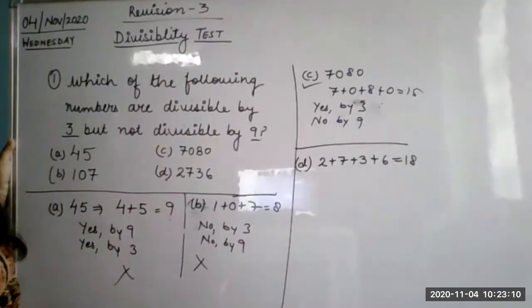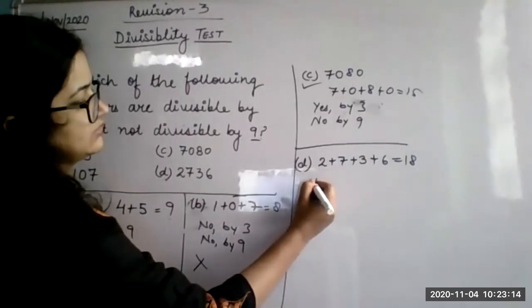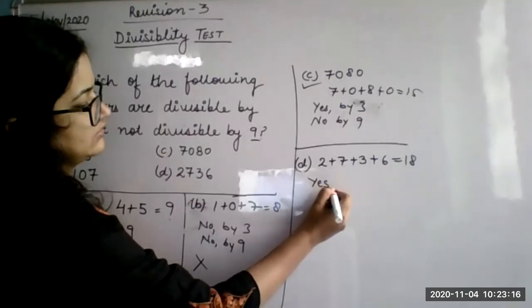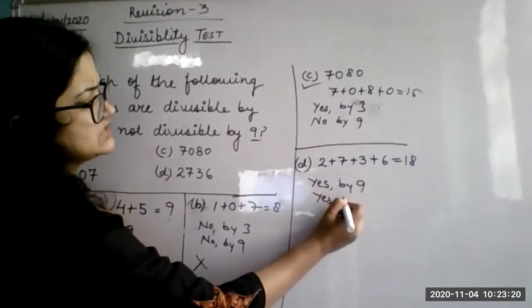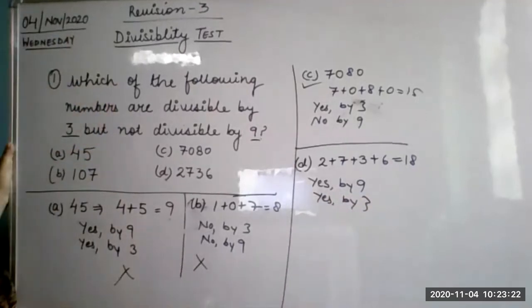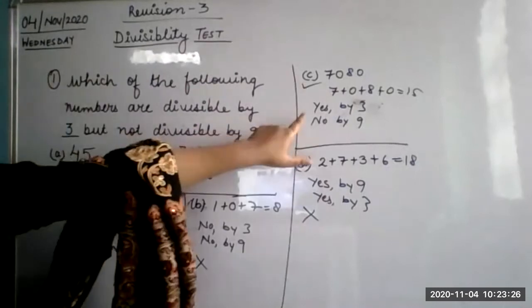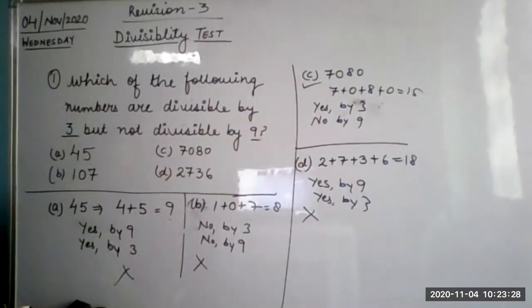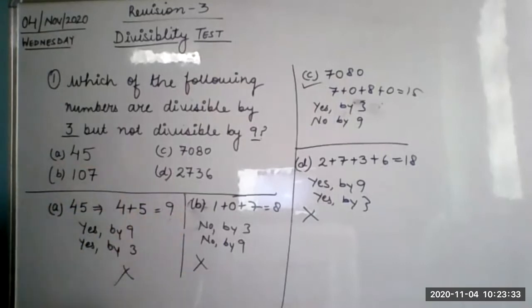Ma'am, I have done this method only, but you have written yes by 9, and I have written it is divisible by 3. It's okay then. Yes by 3 also and yes by 9 also. That means this is also not wrong. So C part is the correct one. It is divisible by 3 but not by 9. But I asked you to solve them whole. So that means you have to solve them.